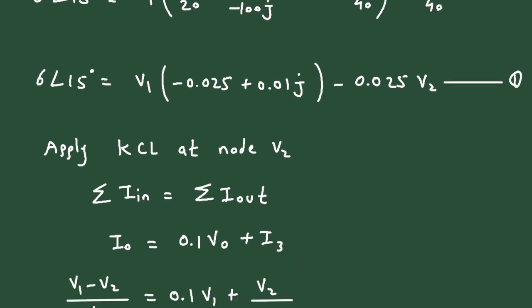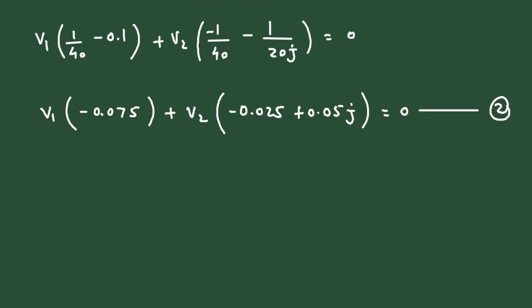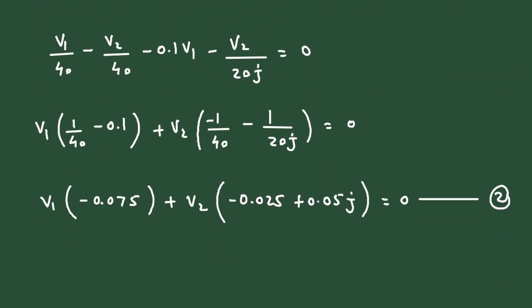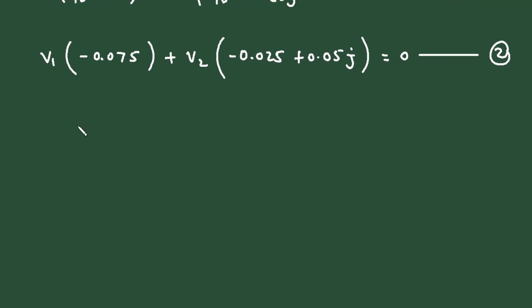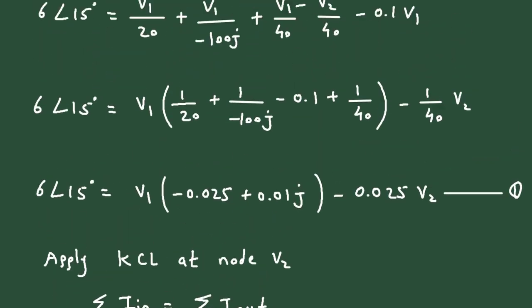So now we got two equations, equation 1 and equation 2. So let's write this in matrix form. We have to find the value of delta. First we will write this in matrix form.